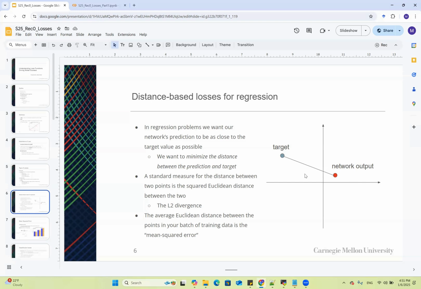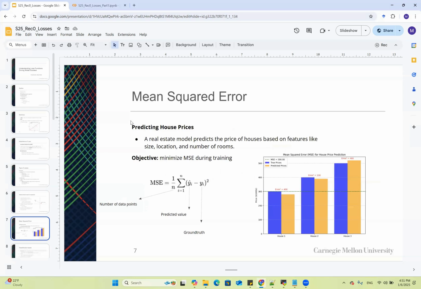So the average squared Euclidean distance between points in your batch of training data is the mean squared error.